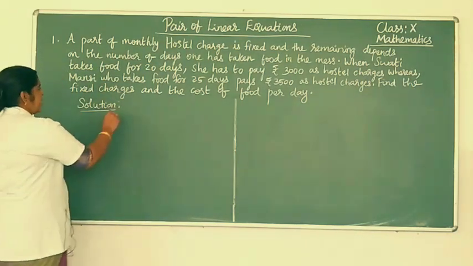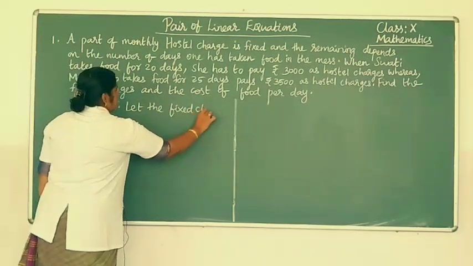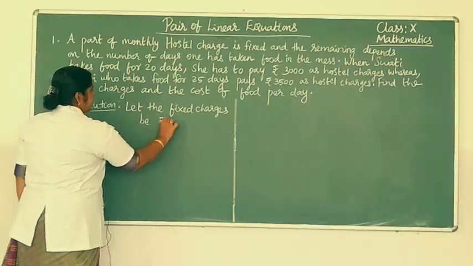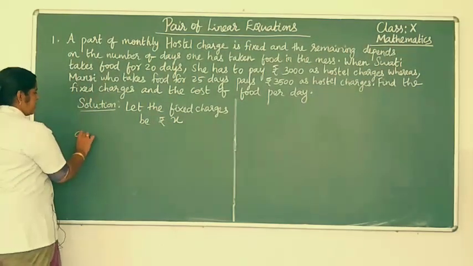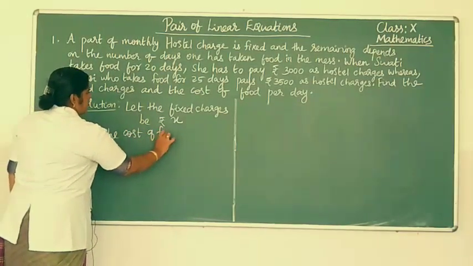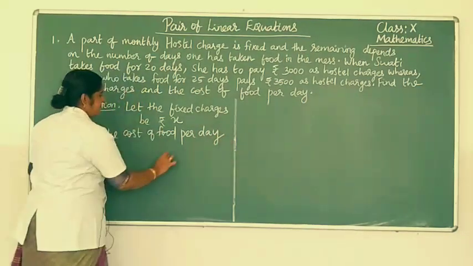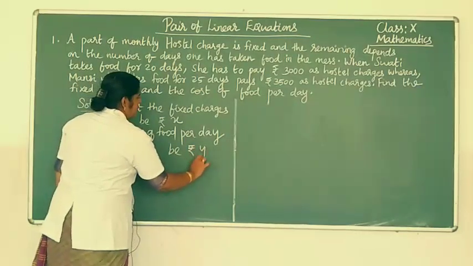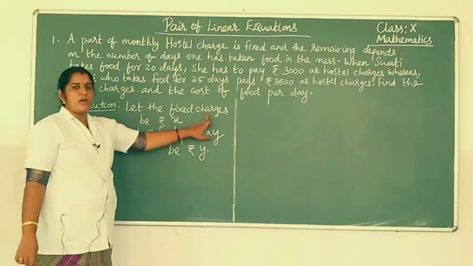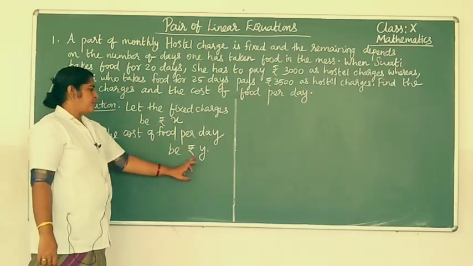Let the fixed charges be rupees x and the cost of food per day be rupees y. So these are the variables we have considered: fixed charge of the hostel be rupees x and cost of food per day be rupees y.